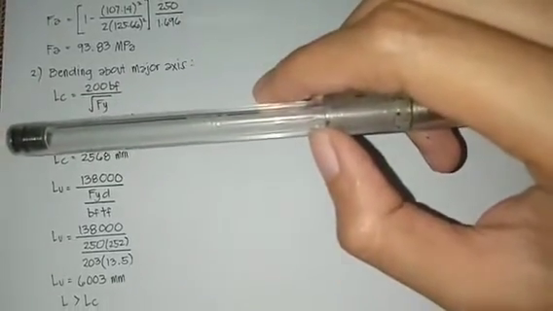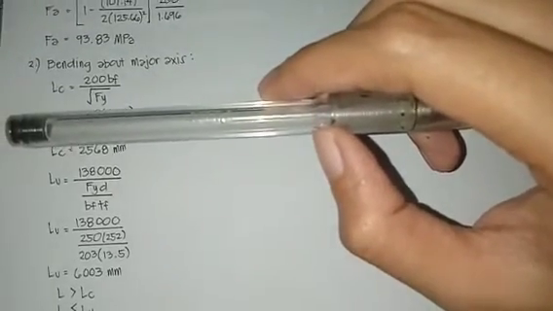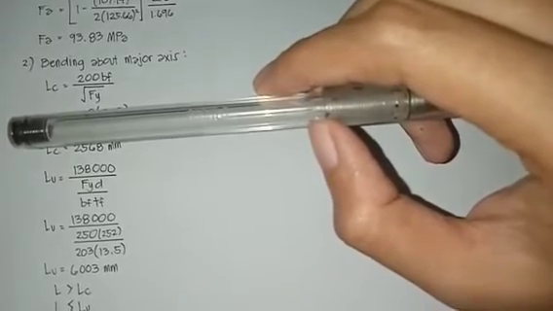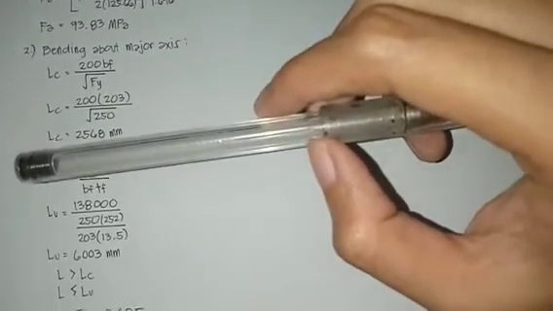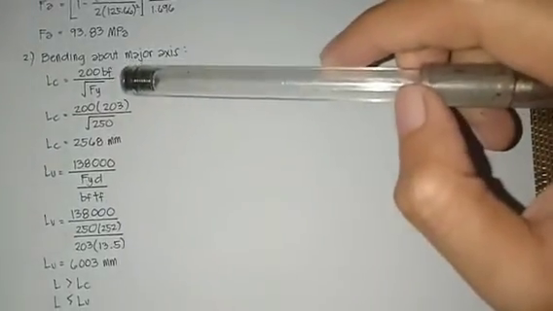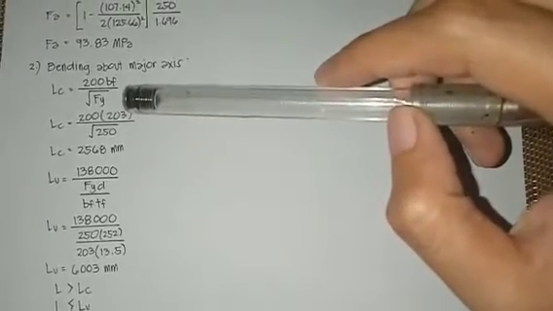Then number 2, bending about major axis. So Lc, mao na to formula nga gamiton ini ikuha sa Lc. So 200 Bf over square root of Fy. So ang kanina pong Bf naa sa properties sa W12 by 58.